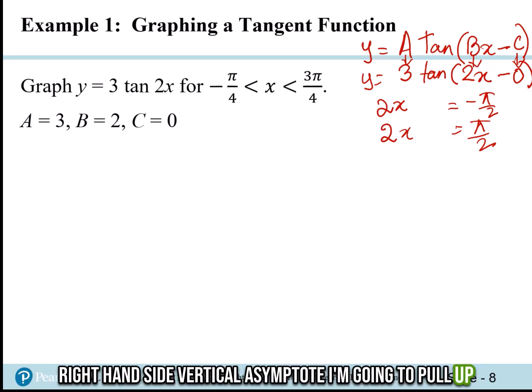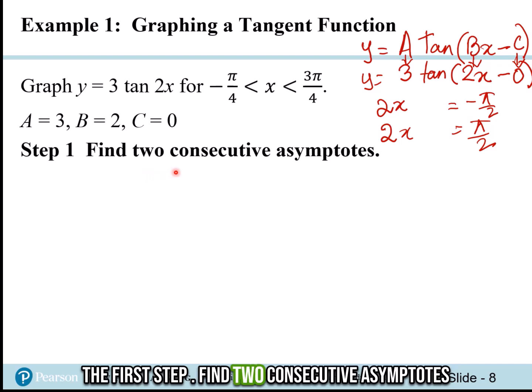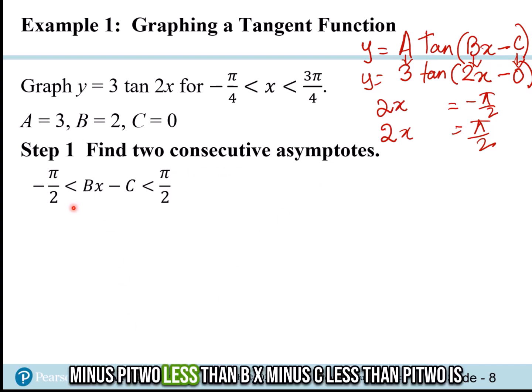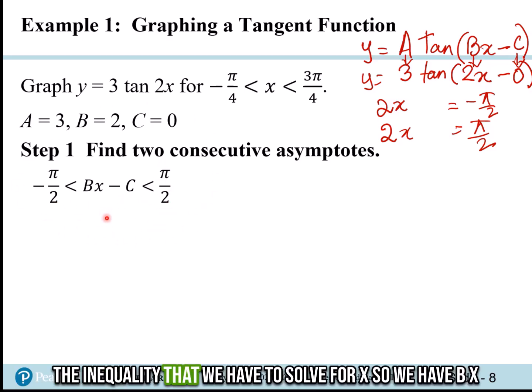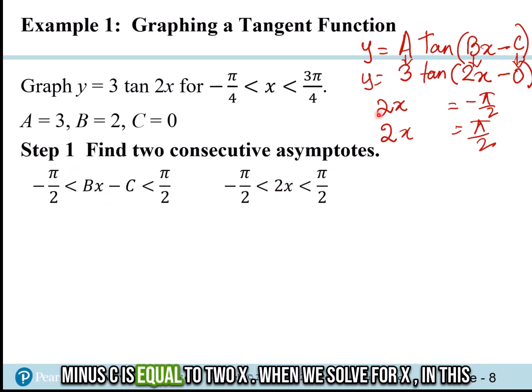I'm going to pull up here the first step. Find two consecutive asymptotes. Minus pi over 2 less than bx minus c less than pi over 2 is the inequality that we have to solve for x. So we have bx minus c equal to 2x.